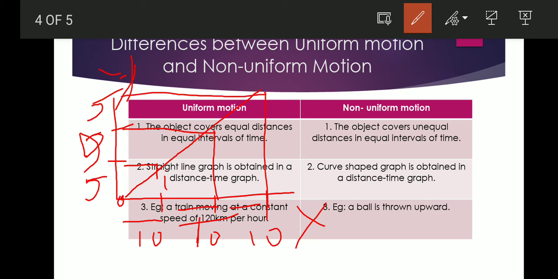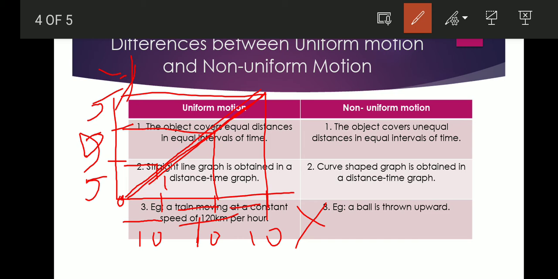So this line is straight. But in case of non-uniform motion, the object covers unequal distances in equal intervals of time. Here the curve shape graph is obtained.